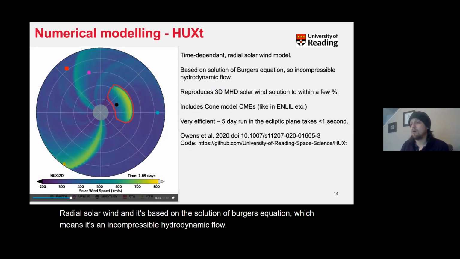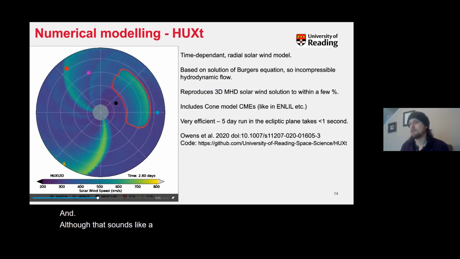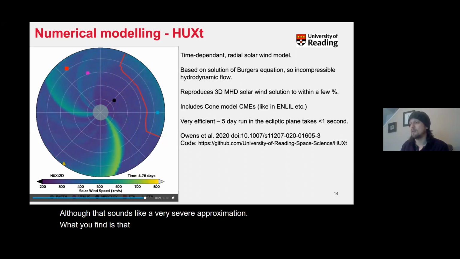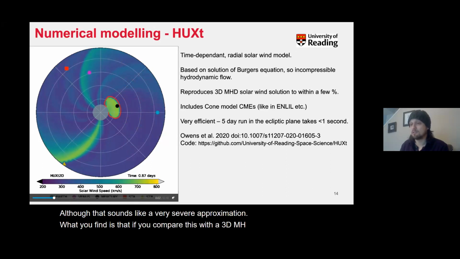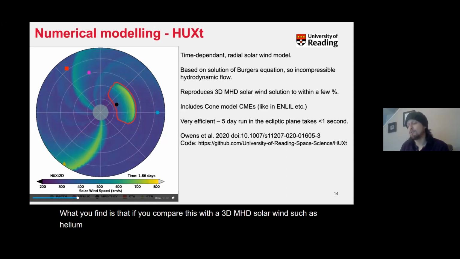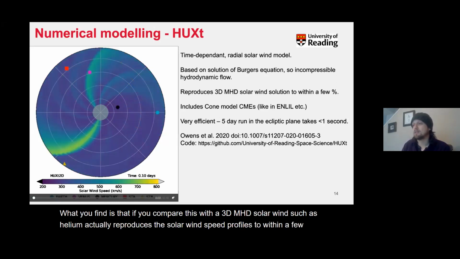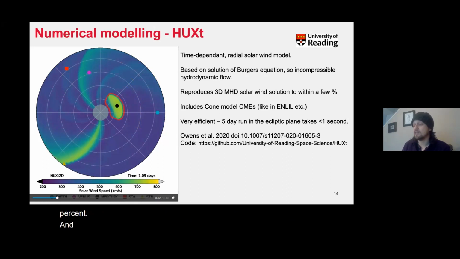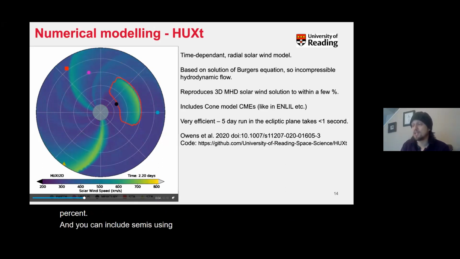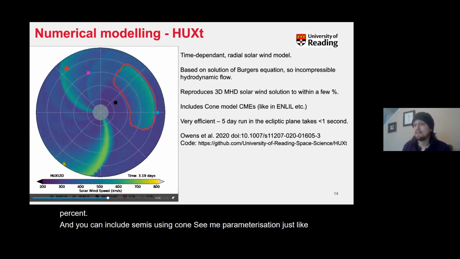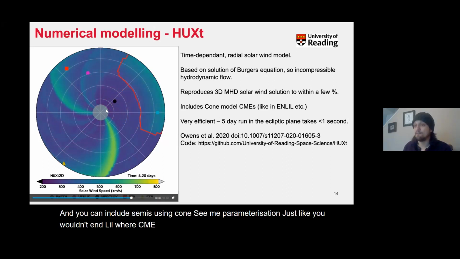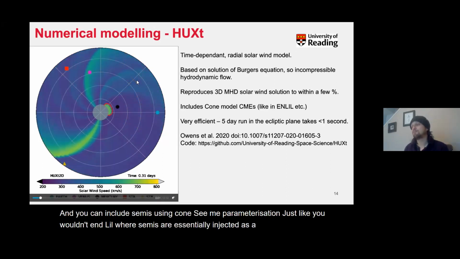Although that sounds like a very severe approximation, if you compare this with a 3D MHD solar wind, such as HelioMAS, it reproduces the solar wind speed profiles to within a few percent. And you can include CMEs using cone CME parameterization, just like you would in ENLIL, where CMEs are essentially injected as a velocity perturbation at the inner boundary.